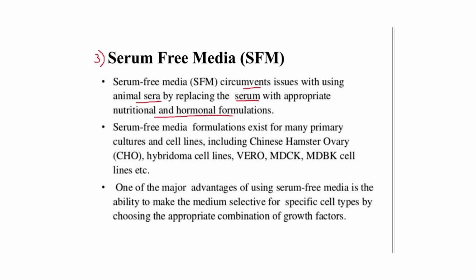They replace serum with appropriate nutritional and hormonal formulations, and these types of serum free media can be used for specific cell cultures and cell lines like CHO cell, Chinese hamster ovary, Vero cell line, MDCK cell line, MDBK cell lines, like that. And this makes it one of the most advantageous media.